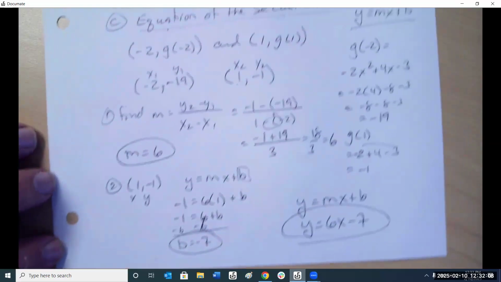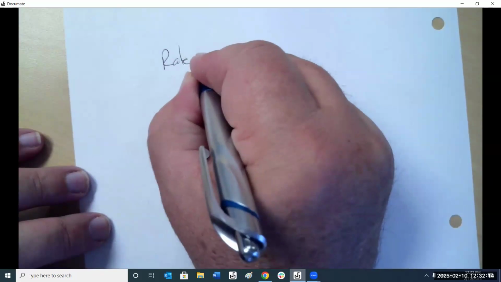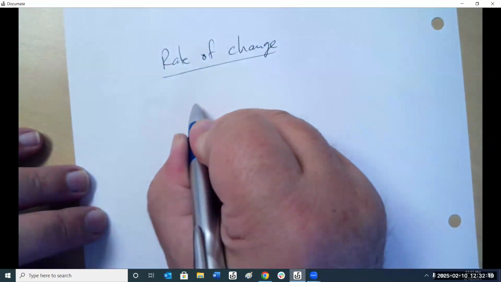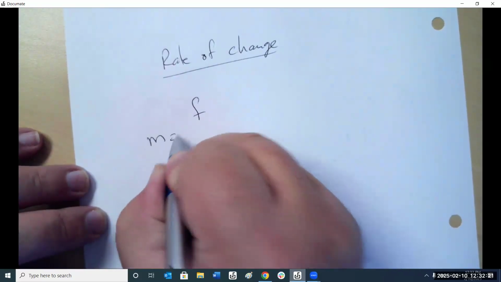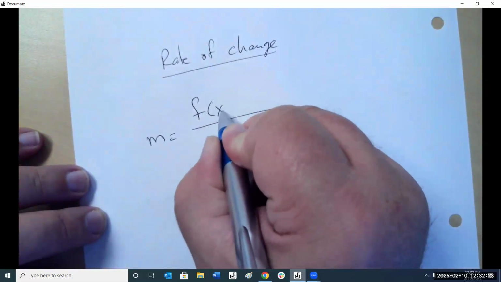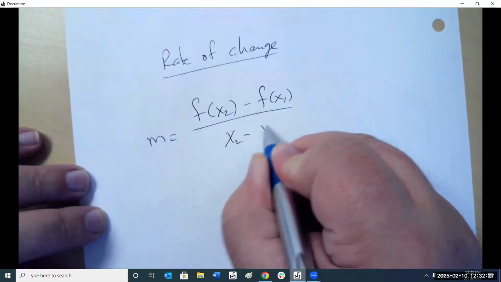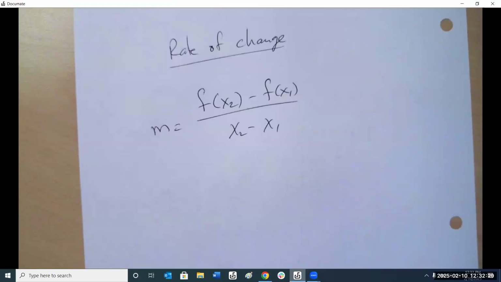And if it asks you for rate of change, that's the slope: f of x2 minus f of x1 over x2 minus x1. It's just the same stuff we've been doing all along. It's just different names to it.